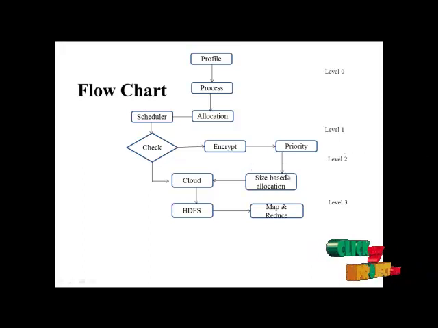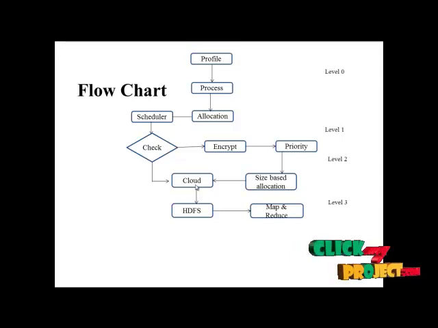Now the file job is to be allocated based on the file size. Here we are creating different virtual machines: small, medium, and large. Based on the different virtual machines, the data is going to be stored on the cloud server. After the data is stored on the cloud server, at the same time the particular job is stored on the HDFS.